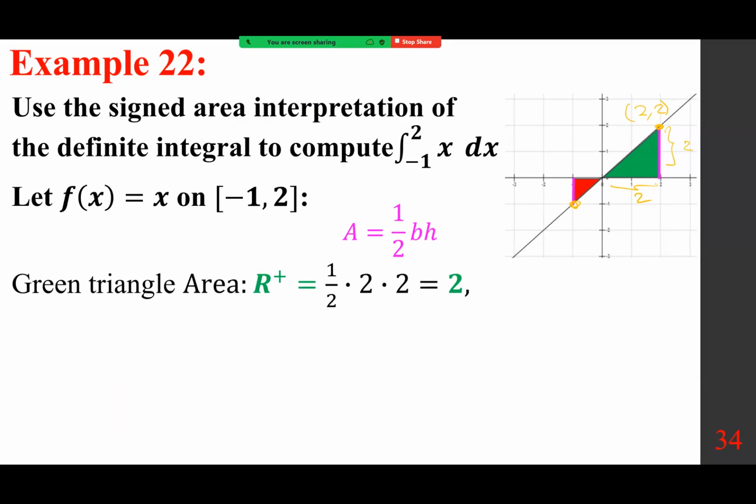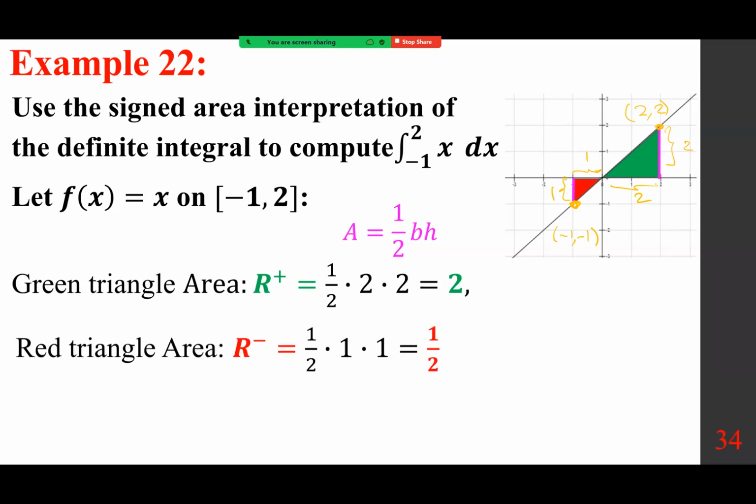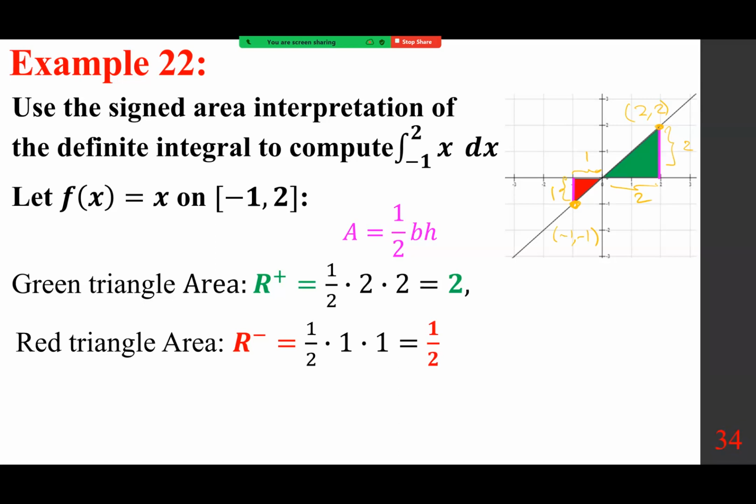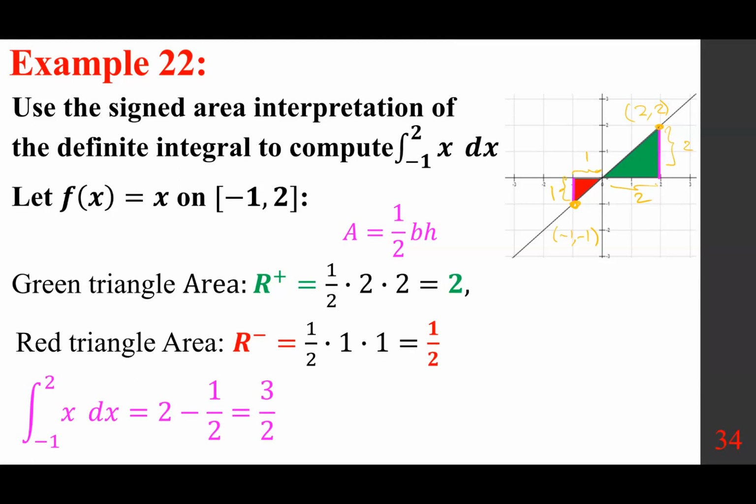This one has coordinates -1, -1, which makes this distance 1, this distance 1. So half of 1 times 1 is 1/2. And so the integral is the difference of the two, 2 minus 1/2, which gives us 3/2.